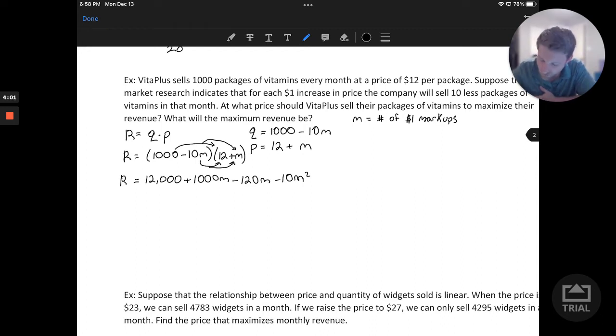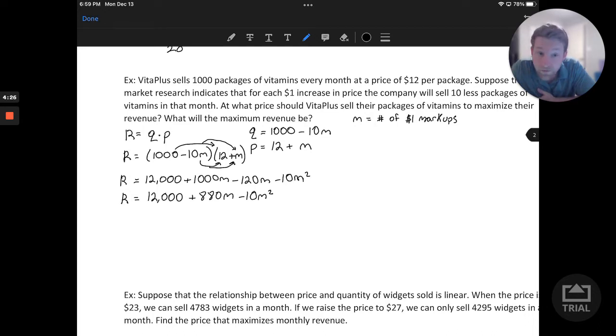If we summarize this, we'll have that revenue is going to be 12,000 plus 880m minus 10m squared. And that'll take us to the revenue function in terms of markups.